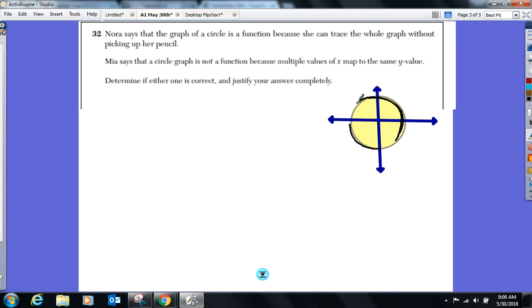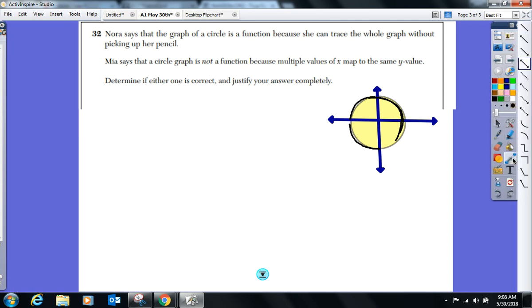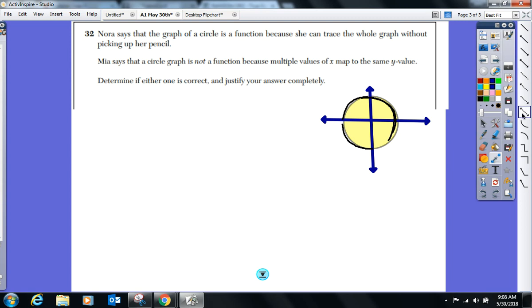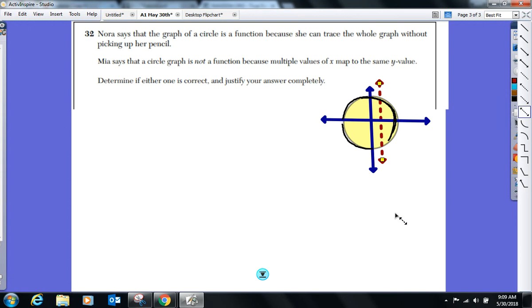Is she correct? First of all, is this a function? Anybody know why it's not a function? It fails something big time, Hannah? Okay, anybody remember the test you can do on a graph? Vertical line test, right? How many times did it hit?